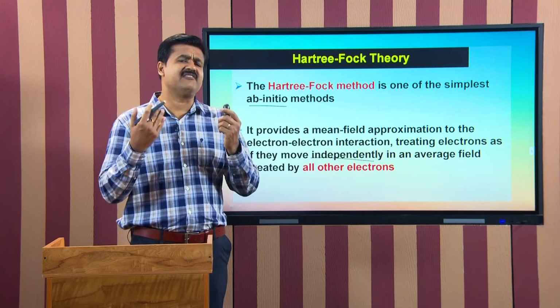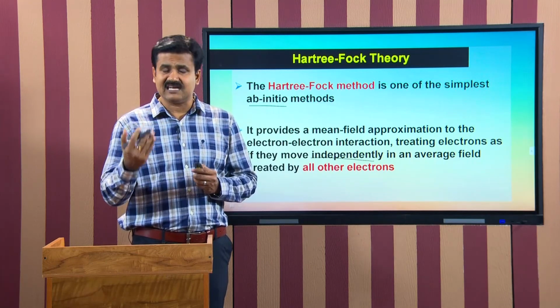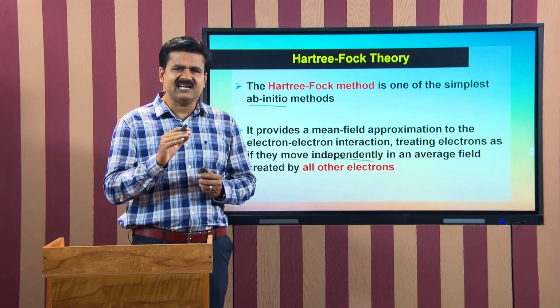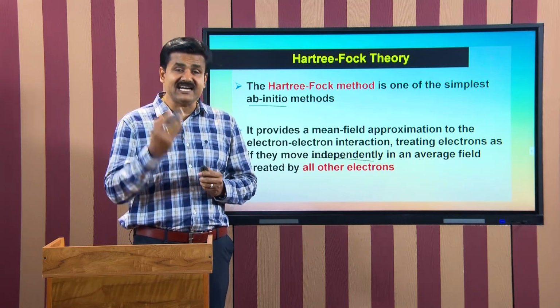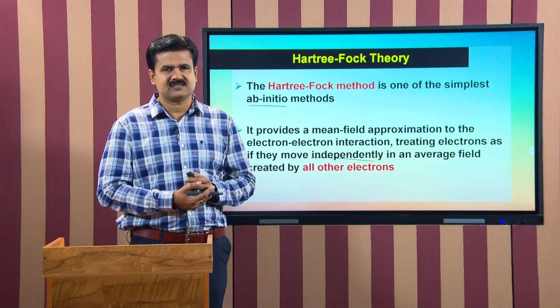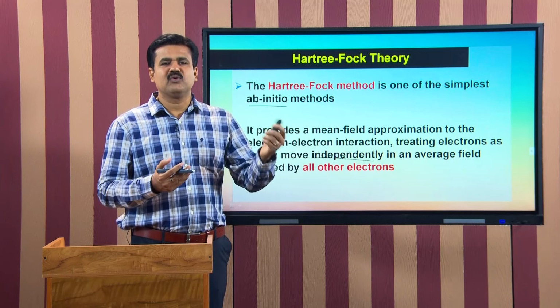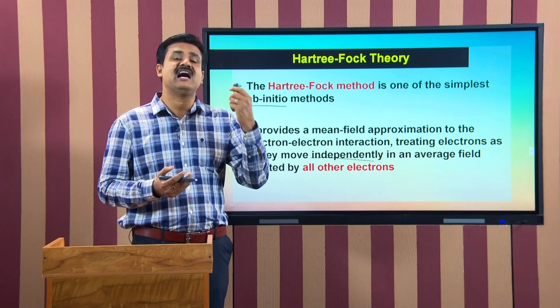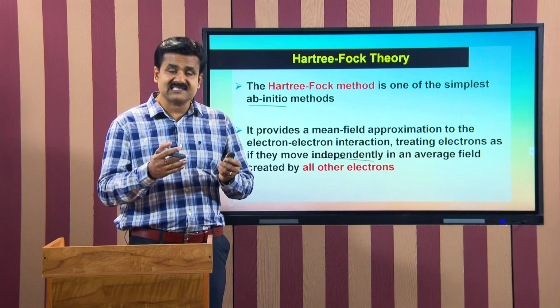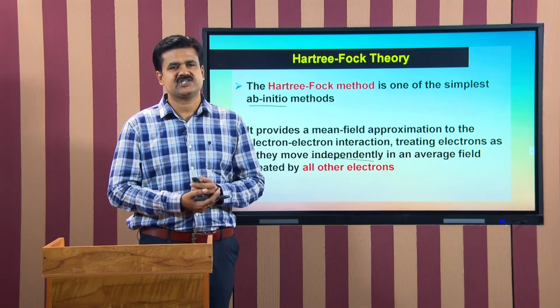Consider we are having a system of n electrons, then that electron is under the field provided by other electrons, that is n minus 1 electrons. That is, the electron moves independently in an average field created by all other electrons except the electron under consideration.